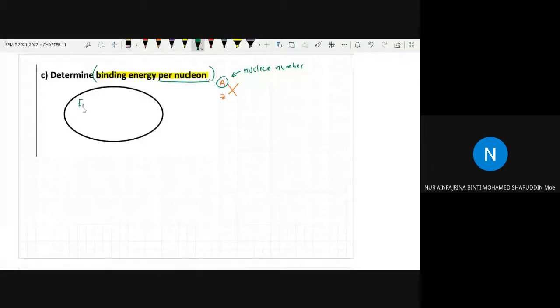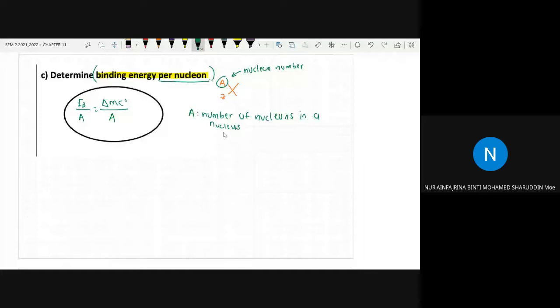Okay, so for nucleon number, we use A. We standardize with all the physics punya name. So A is number of nucleon in a nucleus.